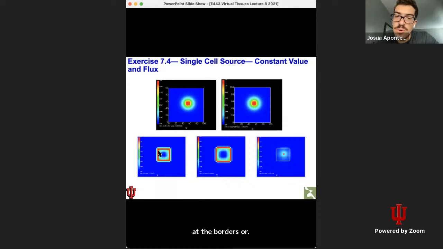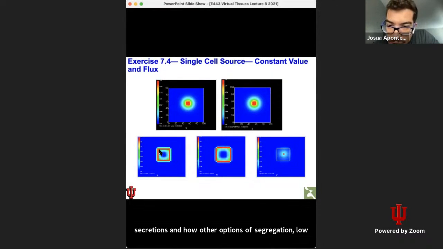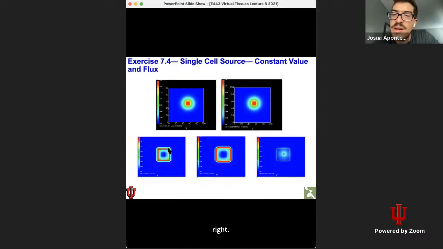And then we also explore how other options of secretion look like. In this case, secretion is happening inside the cell boundary, which is the yellow line here. And you see that the pixels right inside of the cell boundary have the highest concentration of the field, and that is because the secretion is happening on those boundary pixels.